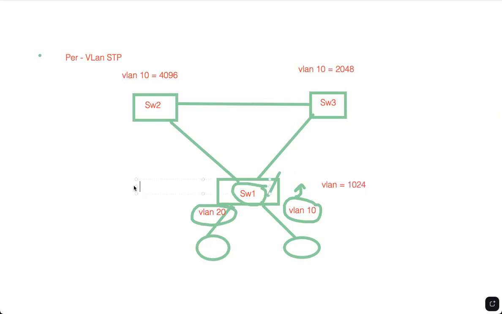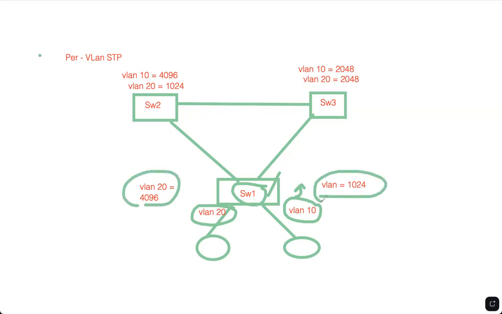Okay, for VLAN 20, priority is 4096, priority is 1024, priority is 2048. Okay, so if you observe, the priority is changed at the VLAN level, not at the switch level.